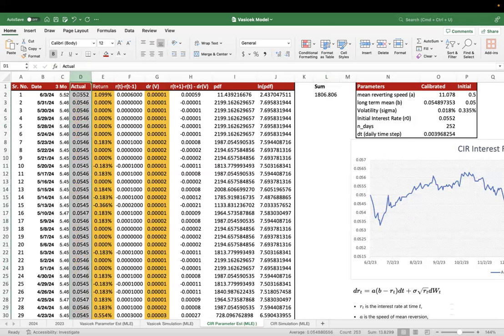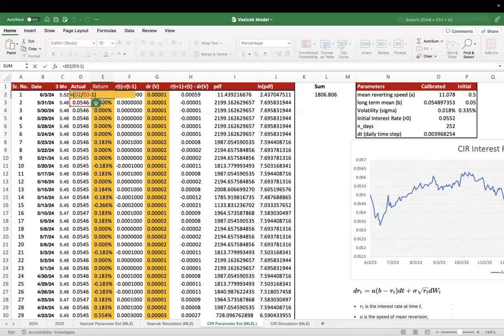Once we calculate the interest rates in decimal form, the next component is finding the returns. So how can we calculate the returns of the interest rate? Always remember the formula for calculating returns is today's interest rate divided by yesterday's interest rate minus 1.